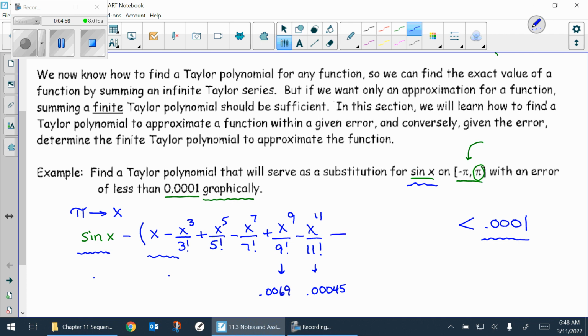When I include this term, for the first time I get a value here of point, and I think there are 4 zeros.